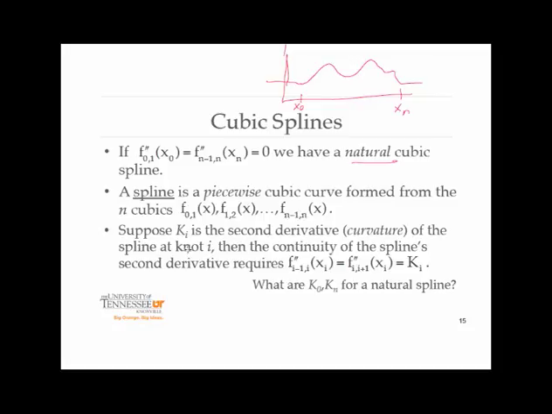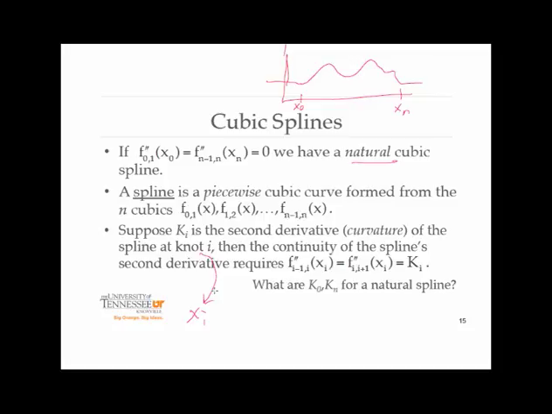Let capital K sub i be the second derivative of the spline at x sub i. Saying x_i is the same thing as saying x sub i; it's just another way of writing it. Curvature is another word for second derivative. This is nomenclature that's consistent when you see cubic splines in the literature.